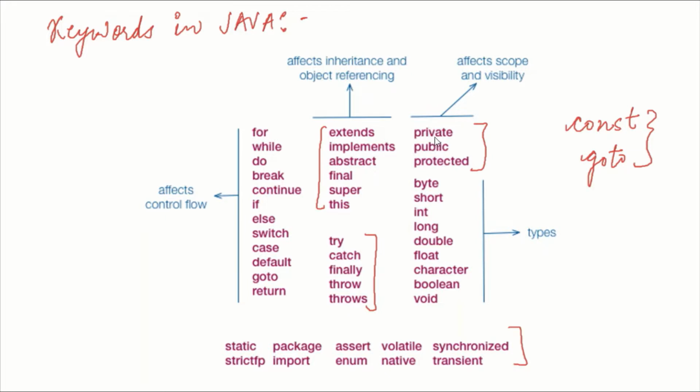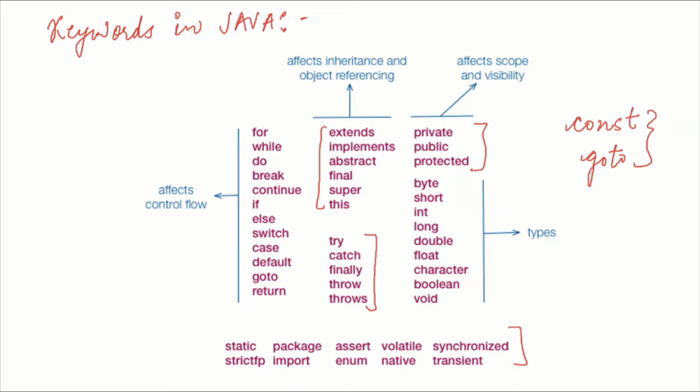All these are access modifiers. And byte, short, int, long, all these come under data types. Here we have further keywords like static, package, synchronized, import, all also available in Java. Other than that, there are two keywords, const and goto, which are not currently being used. So all these are the built-in keywords in Java.